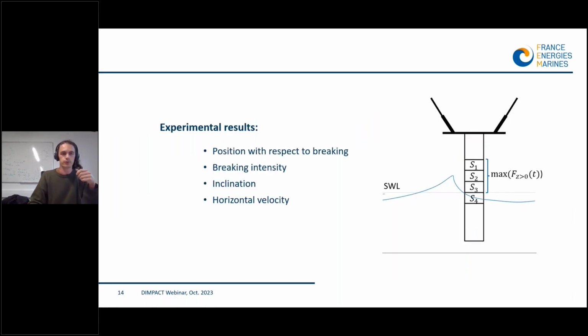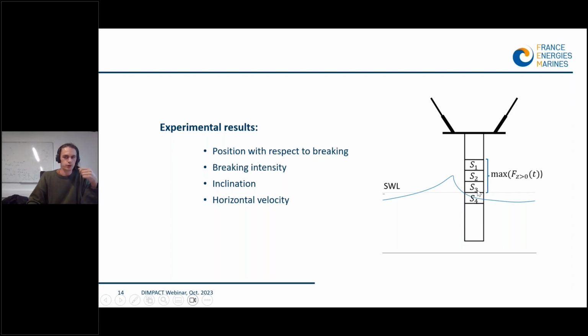So now I'll move to the experimental results of the campaign. What I call here the impact force is the sum of the load measured on the 3 upper sections.